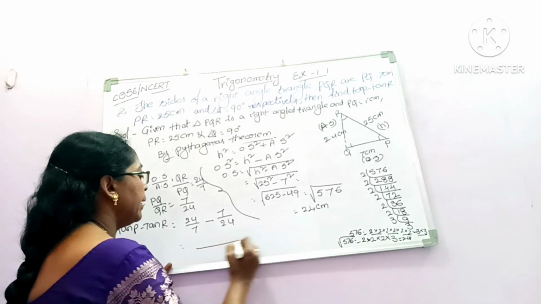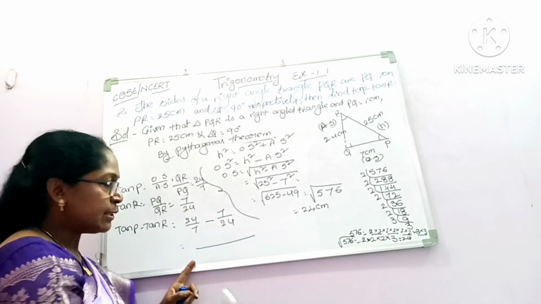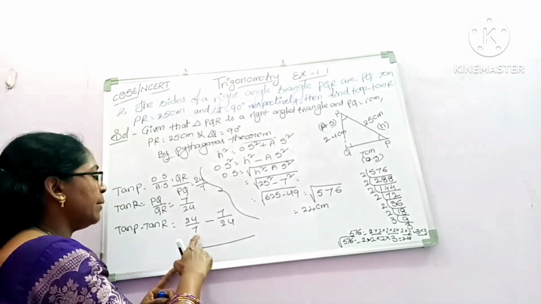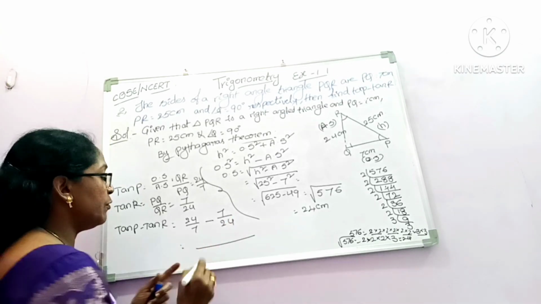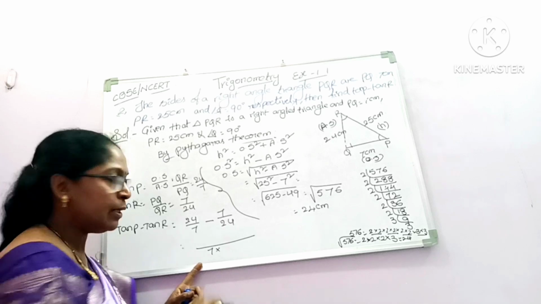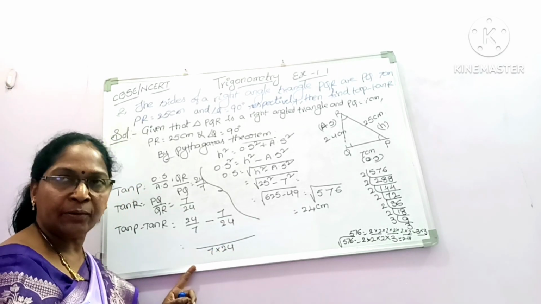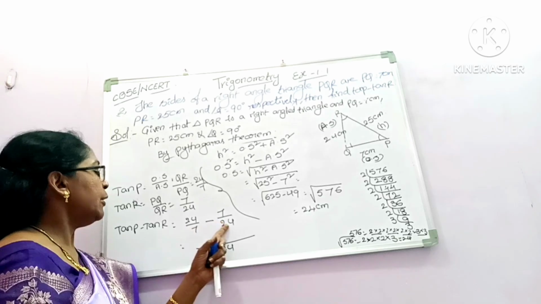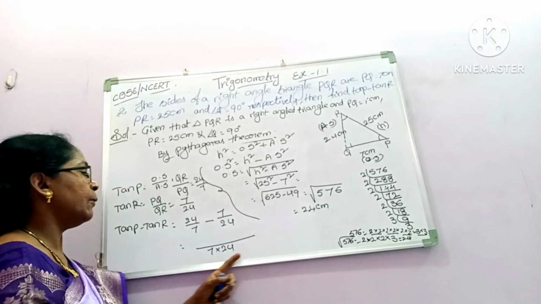You have to find out the LCM. If you add or subtract fractions also, you have to find the LCM. What are the denominators here? 7 and 24. In both numbers, neither is divisible by the other, so just write down 7 into 24. Later you can multiply. This entire multiplication is nothing but the LCM value.